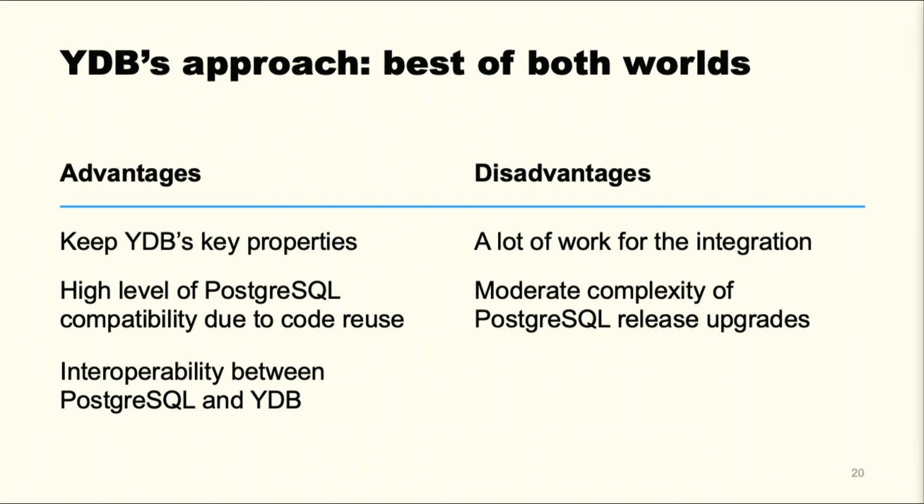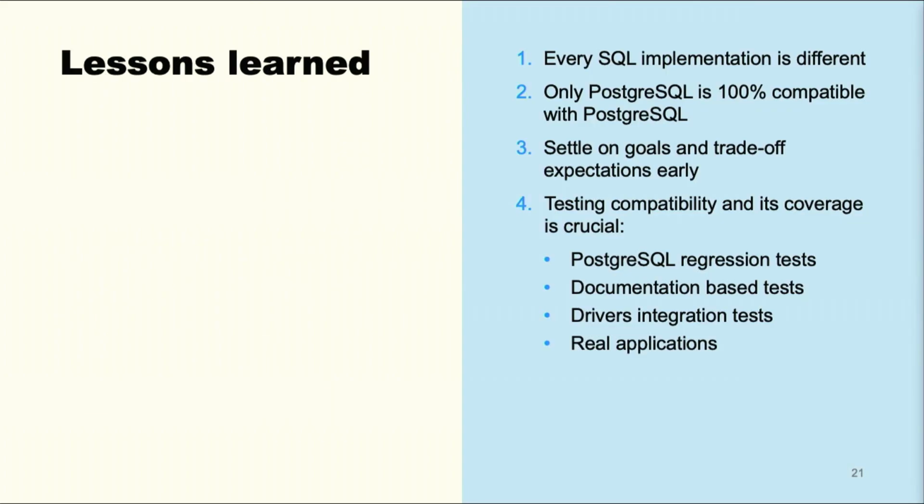And upgrading between minor releases, usually 1 day of engineer's work. So it's tolerable. Lessons learned, we kind of confirmed that only Postgres is 100% compatible with Postgres, but deliberately making your trade-offs and setting your goals can get you pretty close without any major downsides.